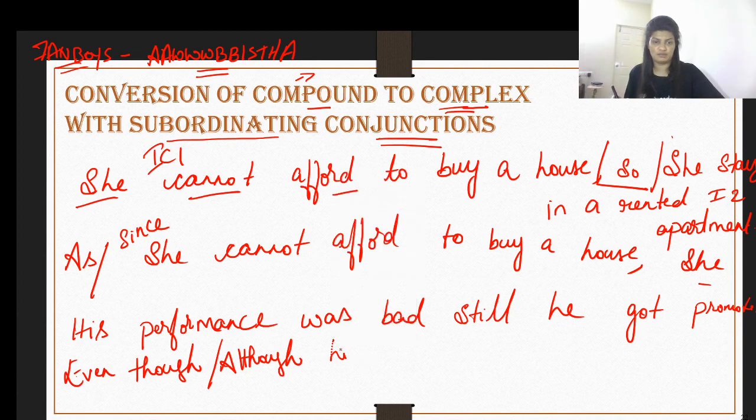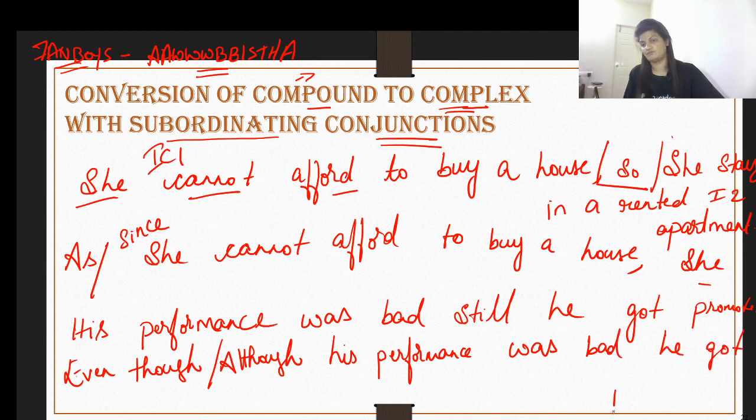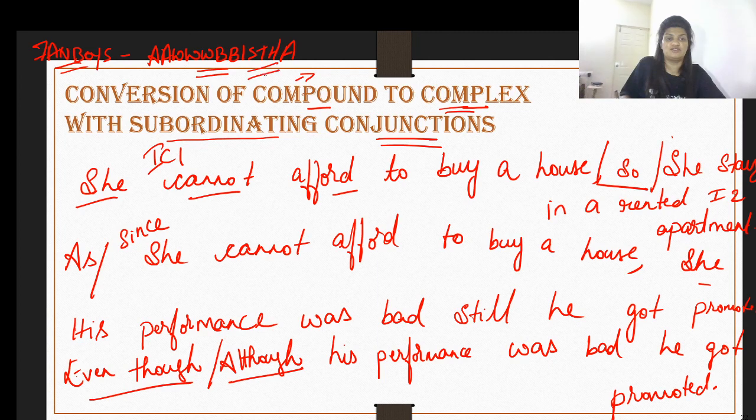Okay. Even though his performance was bad, he got promoted. So here we have used even though or although, which is our subordinating conjunction.